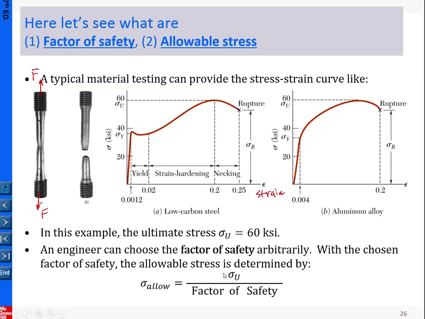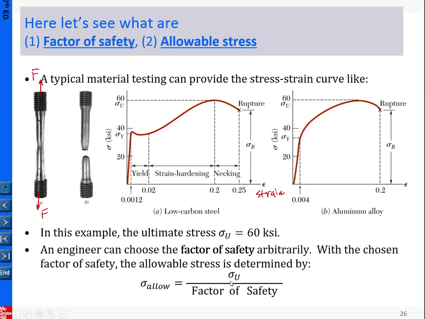Okay, so now we come to our definition of the factor of safety. Here, the ultimate stress is the maximum loading stress to break a material. In our design, of course we wish everything to be safe, so we don't want the material to be broken.